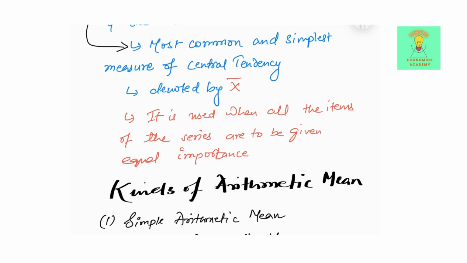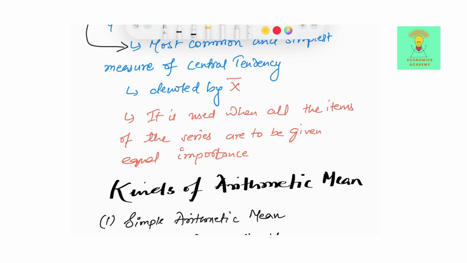See, mainly it's helpful when there aren't many extreme values and where we want to include all the items in the series. Okay, when each of the items in the series are given equal importance, but mind you, mean is affected by extreme values.